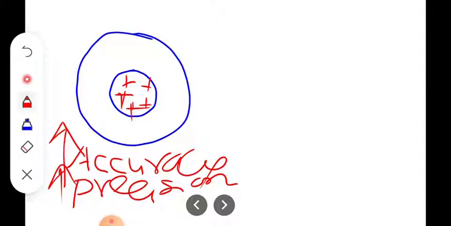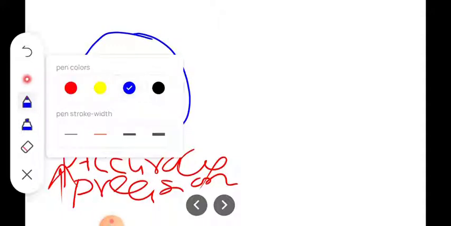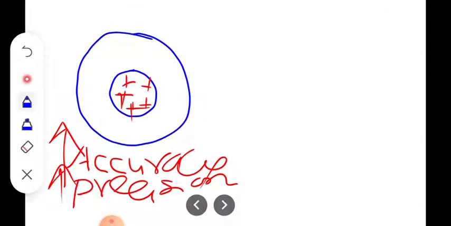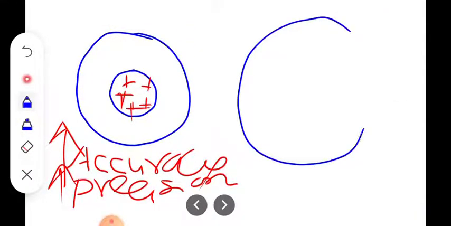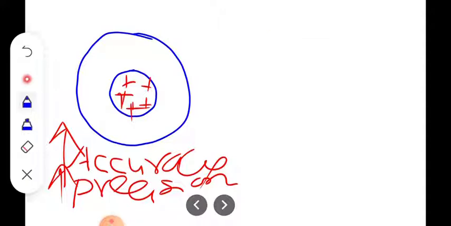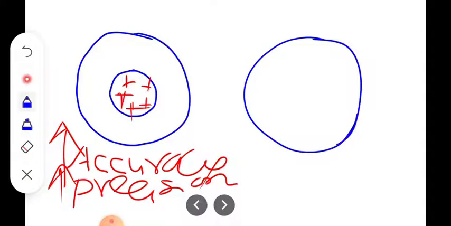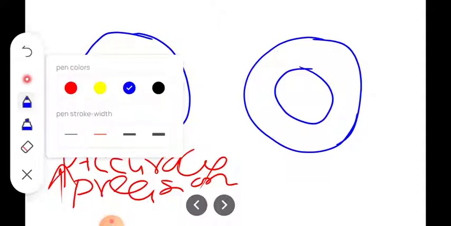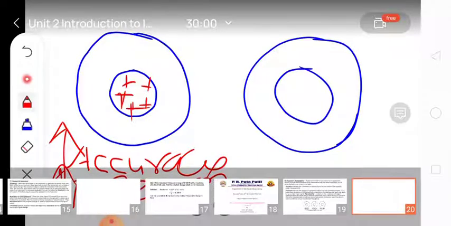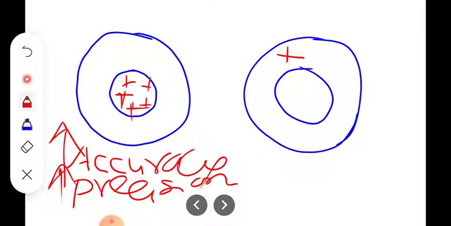Now we take another example. This one will be another target, and this is nothing but the bull's eye. Here the archer has targeted somewhere here, here, here, here and here.